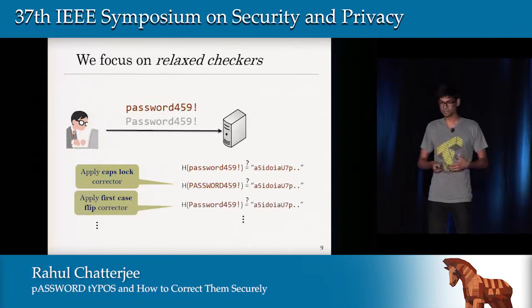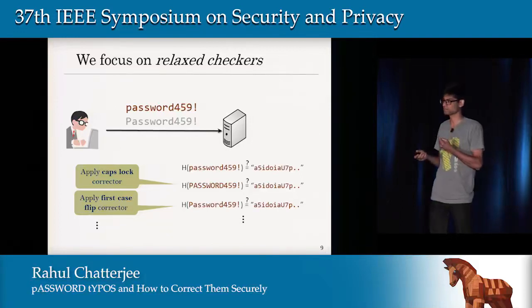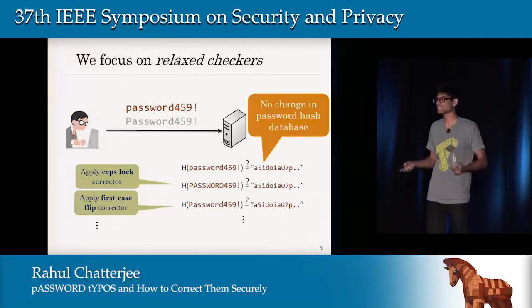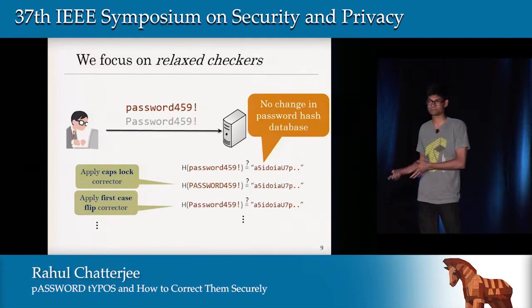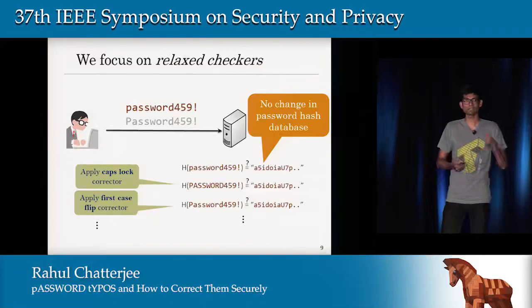Now, the benefit of doing typo tolerance this way is, first of all, it's easy to deploy. You don't need to make any changes in the existing password hash database. And also, the server can choose what kind of typos it wants to tolerate.